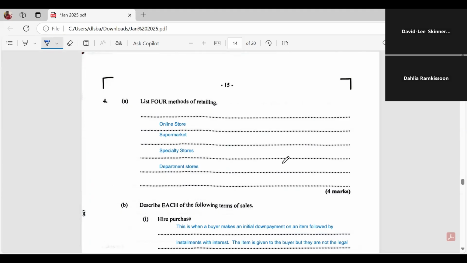Number 4, list 4 methods of retailing. So 4 methods of selling to customers. You could have an online store. You could have a supermarket.